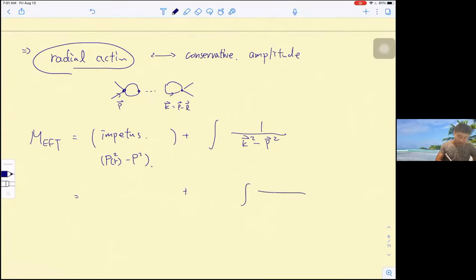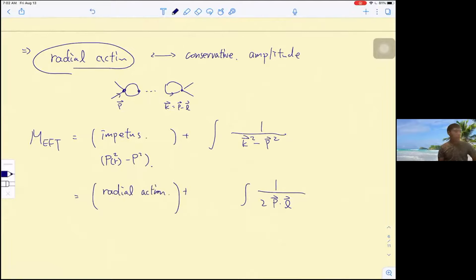Using k is p minus l, you just need to pick this linearized part, and there will be a small Q correction which will change your finite part, which turns this impetus into the radial action.